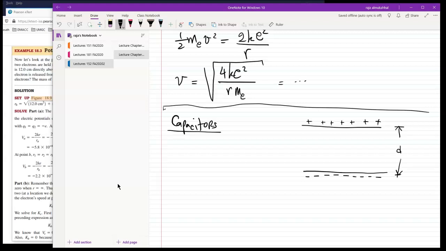And of course, if you have positive and negative, you are doomed to have an electric field. So there will be an electric field going this way, and this electric field, of course, goes from positive to negative, like that.